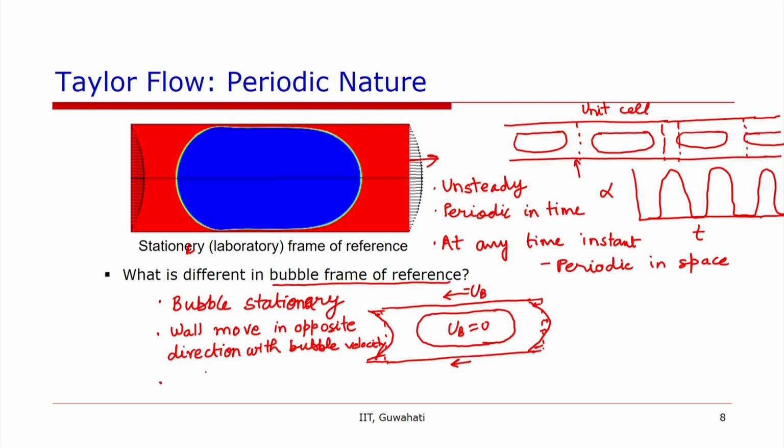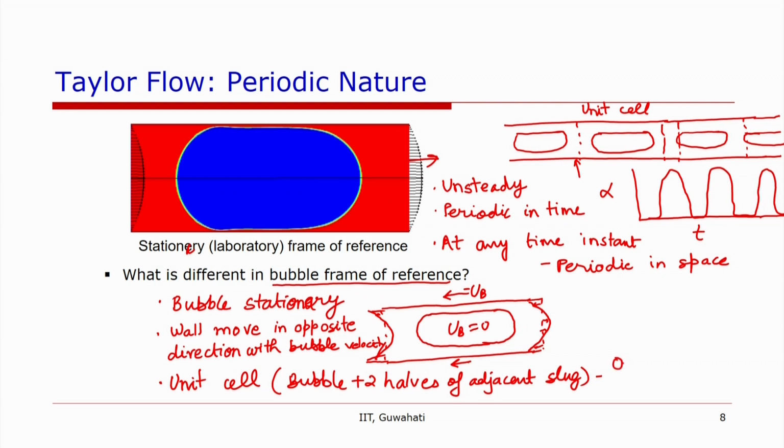and for a unit cell, which is like this, we have a unit cell which has a bubble plus two halves of adjacent slugs, where only the liquid phase is present.